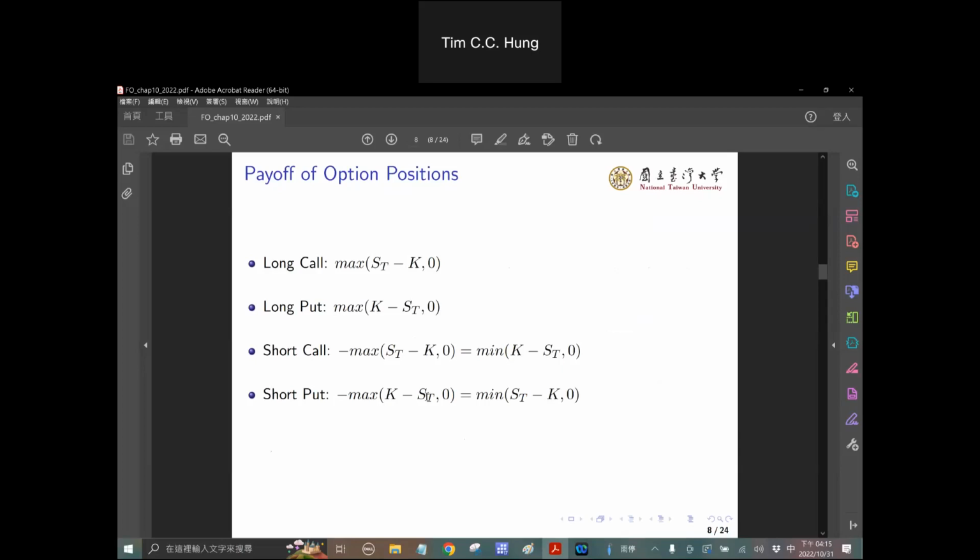Long puts, like I said, are like a mirror image in the horizontal sense: it's a max function of K minus ST and zero. Why is that the case? Because now we have the right to sell something to people. If the strike price is higher than the underlying, then it's optimal for us to exercise it and sell it.